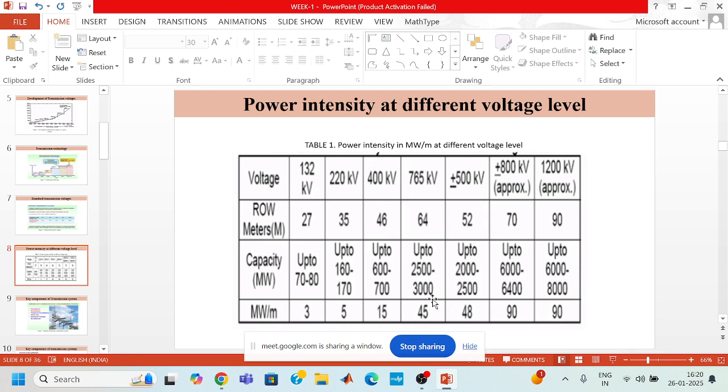So that is how the conductor configuration is being done, and this graph shows the power capacity at different voltage levels, what the right of way will be in meters, and how much capacity it can transfer at up to what voltage levels. Okay, this is the basic criteria at which the transmission insulators are designed for different voltage levels.